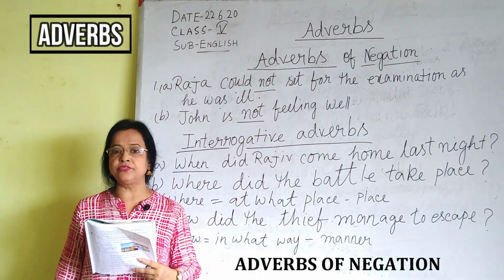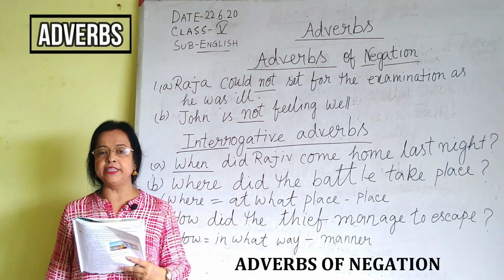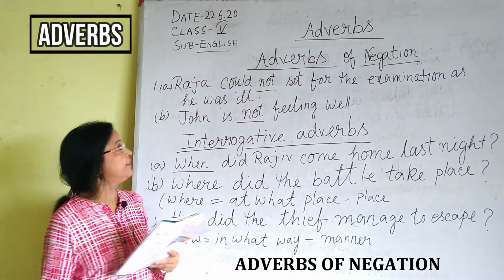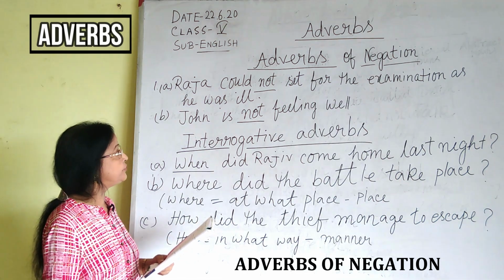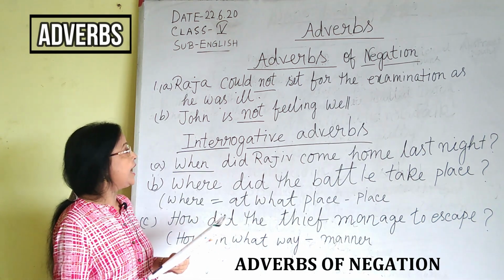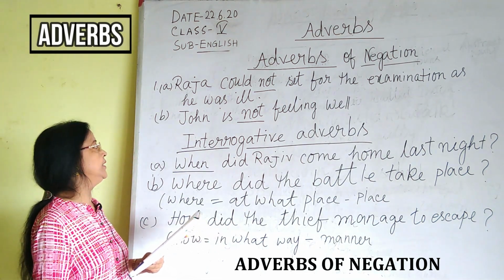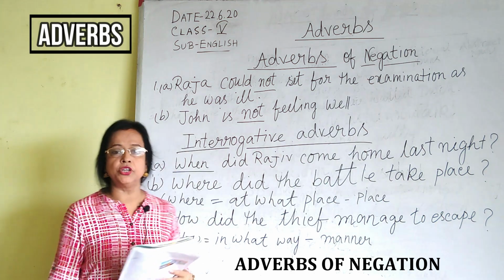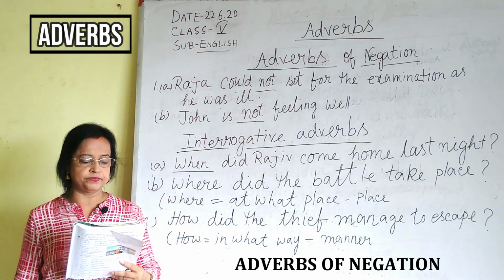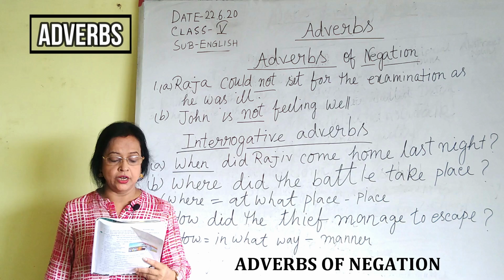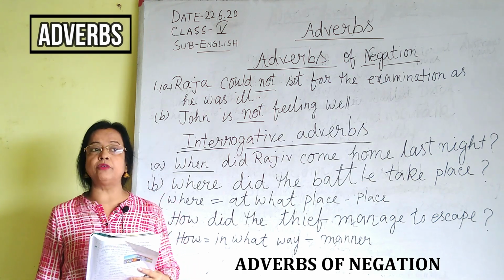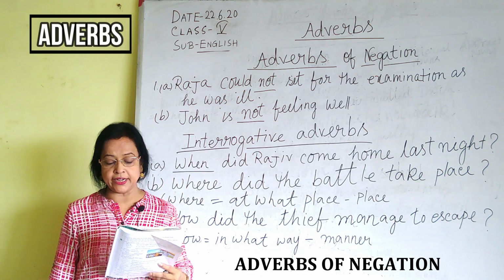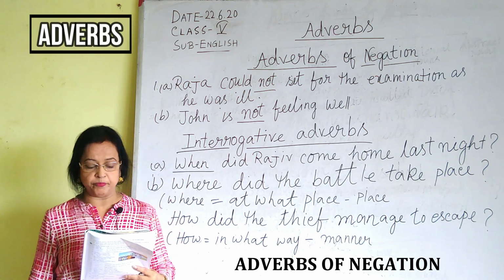Now adverbs of negation. Please look at the board. I have written 2 sentences. Raja could not sit for the examination as he was ill. John is not feeling well. The word not has been used to form the negative of the verbs sit and feeling.